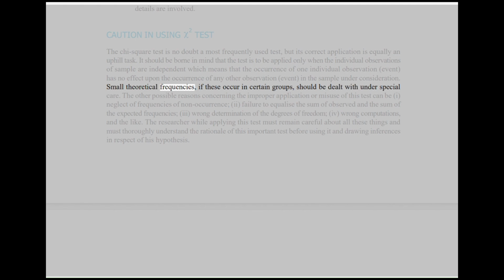Small theoretical frequencies, if these occur in certain groups, should be dealt with under special care. The other possible reasons concerning the improper application or misuse of this test can be: 1. neglect of frequencies of non-occurrence, 2. failure to equalize the sum of observed and the sum of the expected frequencies, 3. wrong determination of the degrees of freedom, 4. wrong computations, and the like.